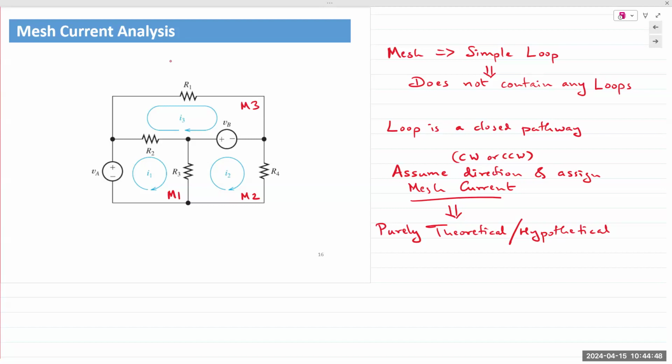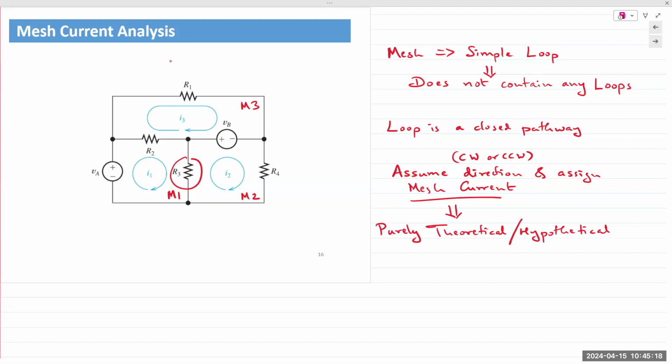If you look at R2 and R3, and actually also the voltage source VB, all 3 of them share more than one mesh current. If you take a look at R3, R3 is a shared branch between mesh 1 and mesh 2. So it has 2 mesh currents flowing through it.